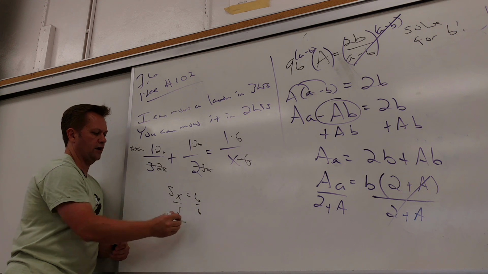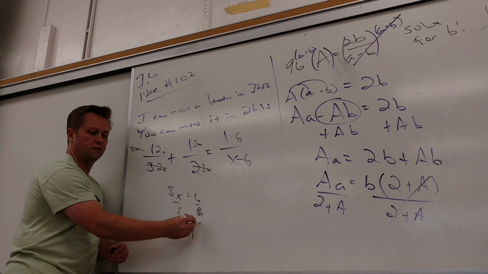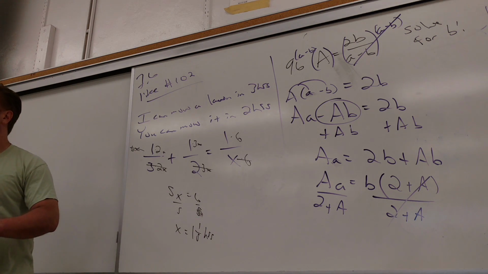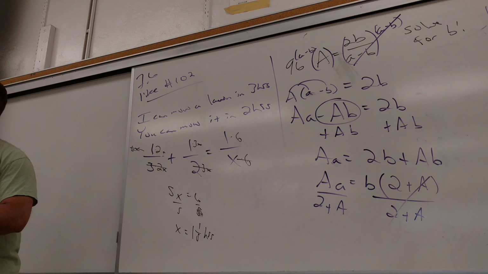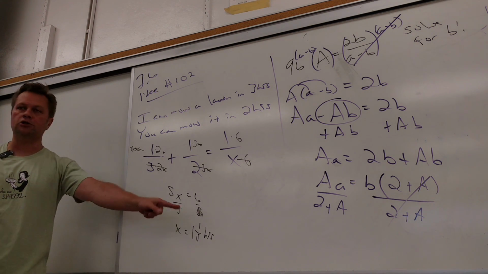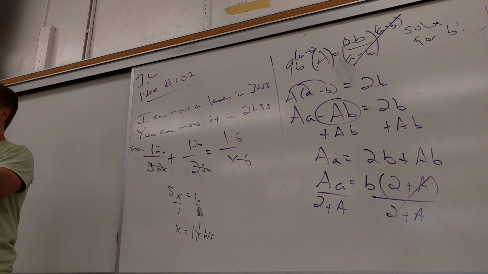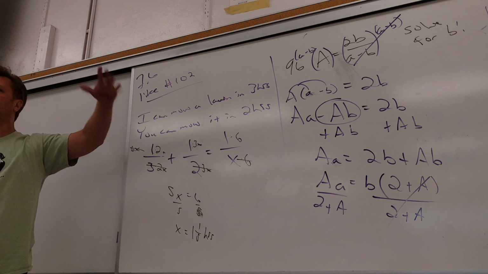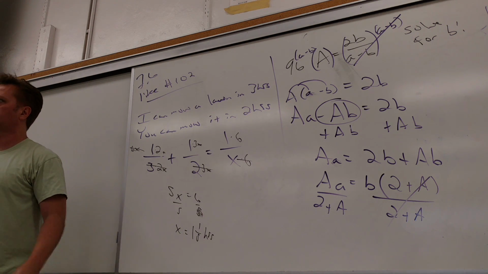Divide by 5, I get 6/5, which is 1 and 1/5 hours. What's 1/5 of an hour? It's 12 minutes. So it would take us an hour and 12 minutes. See, that makes a lot of sense. It's less than either one of us alone, and it only makes sense if we work together, right?